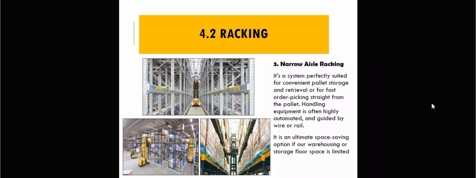Often highly automated, sangat-sangat highly automated lah, dan dibantu oleh wire ataupun rail. It is an ultimate space saving option if our storage floor space is limited. Okay, narrow aisle racking ni sangat-sangat digalakkan sekiranya ruang dalam warehouse kita agak terhad. So kita akan gunakan narrow aisle.